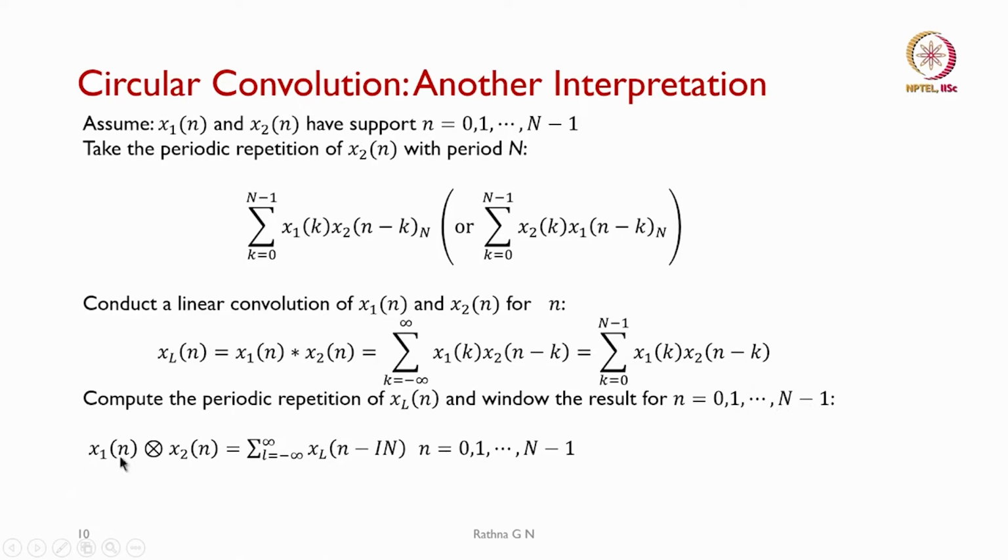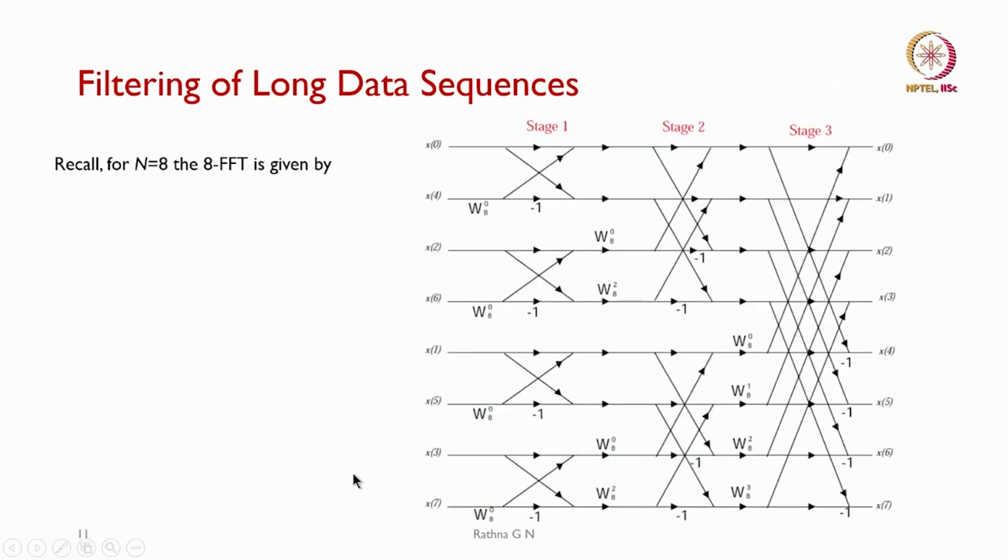So x1 circularly convolved with x2 of n is the sum over l from minus infinity to infinity of xL of n minus l n, for n equal to 0 to n minus 1. So what are the two methods? First, we can do the circular convolution by taking the modulo of one of the signals, or we can do the linear convolution of the signals and do the circular wrap at the output.